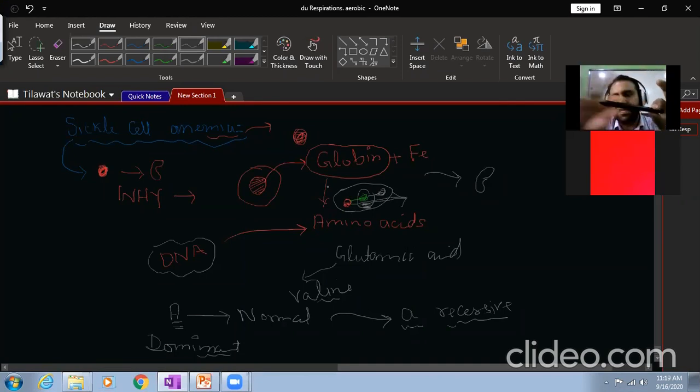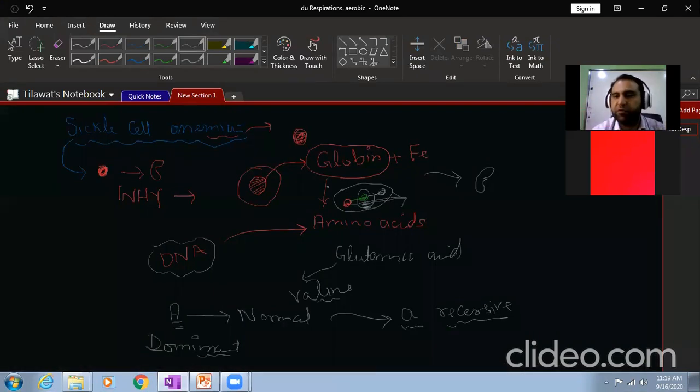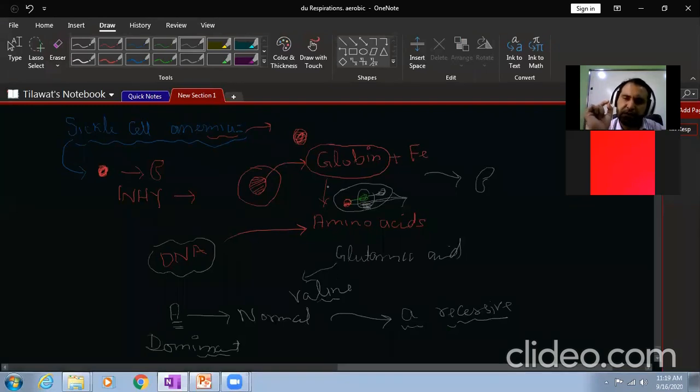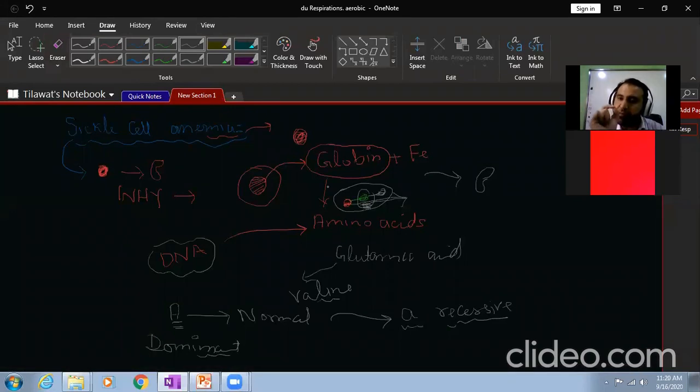Because of only a single nucleotide mutation, only one nucleotide changed, and because of that one amino acid completely changed. Right? And because of that, the allele that was dominant automatically converted to recessive.